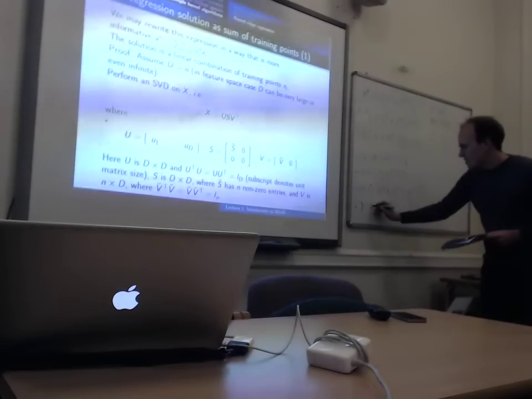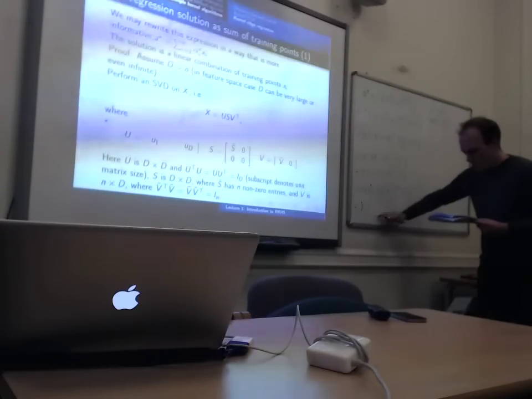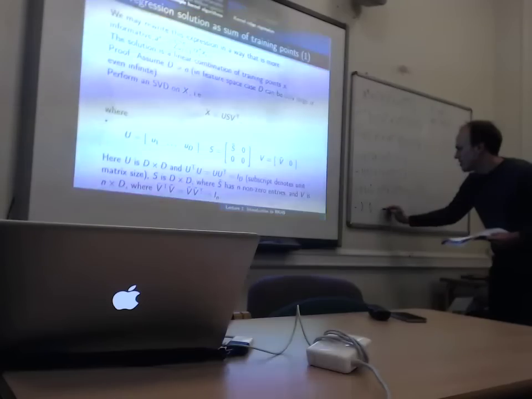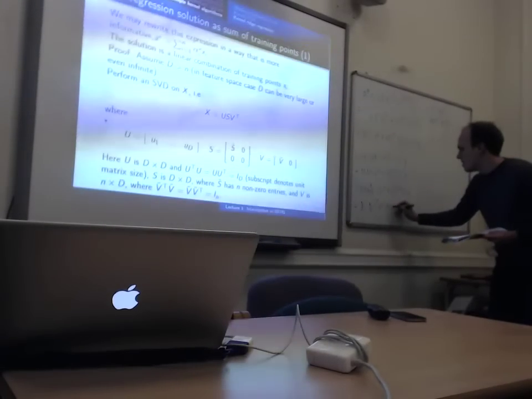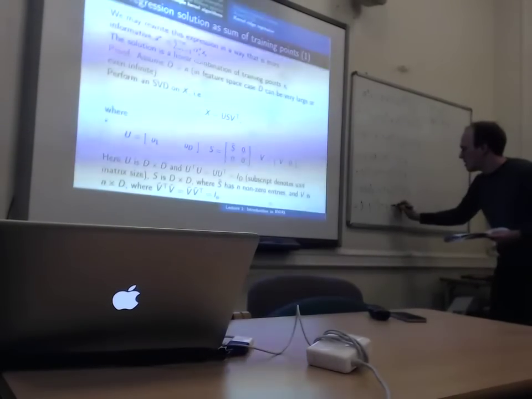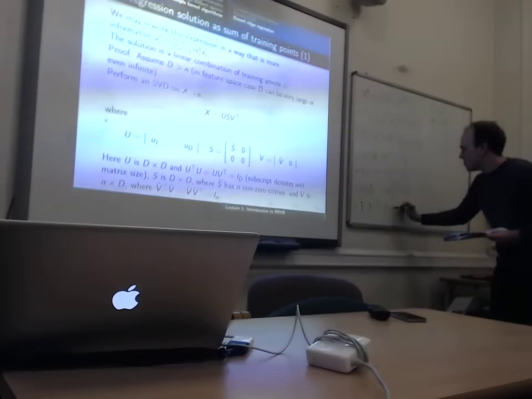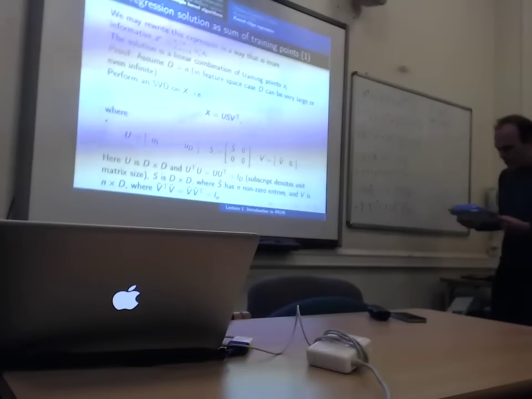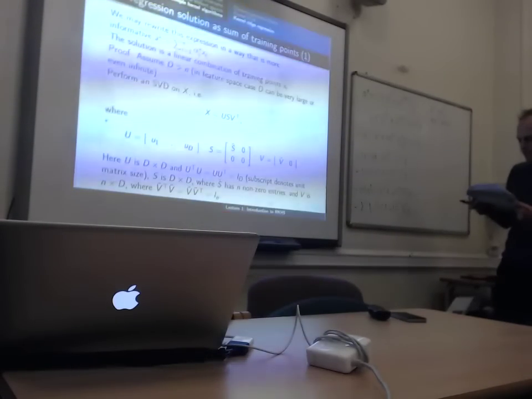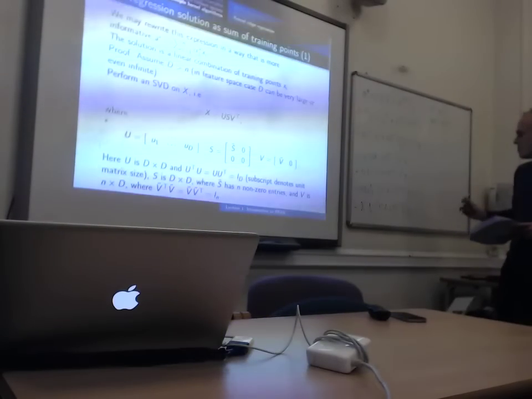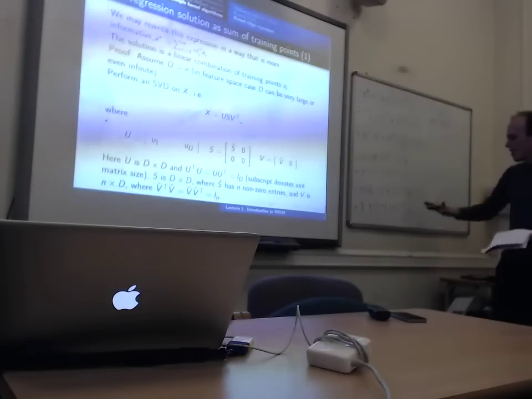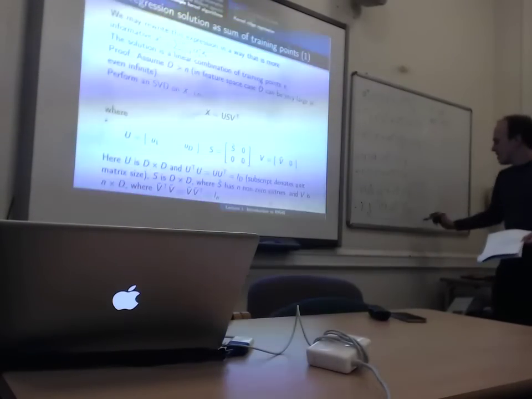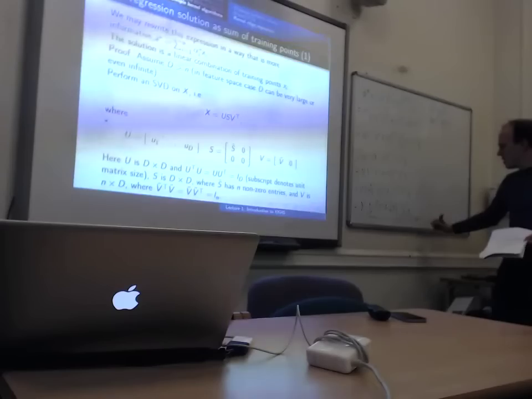So U S V transpose is X, okay? And then I've got the remaining guys here, which is V (S squared plus lambda I) inverse V transpose Y. So this so far has actually given me the answer I'm after, because this whole thing here is just an n by 1 vector.